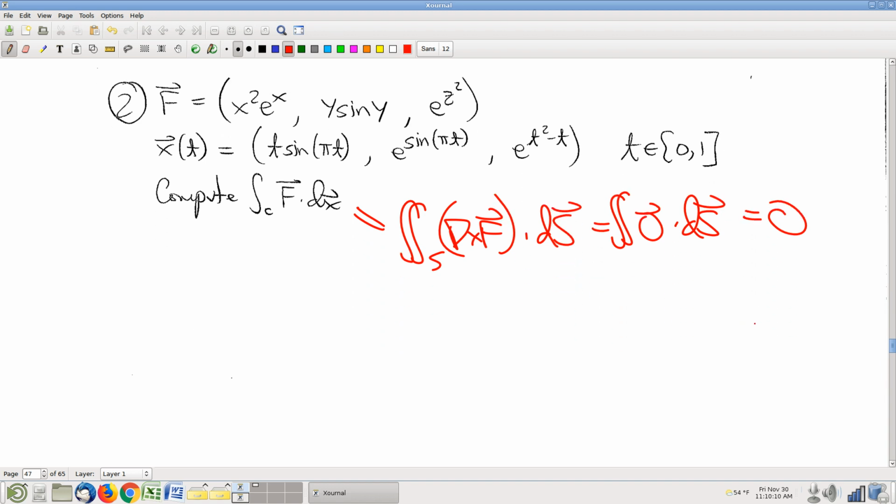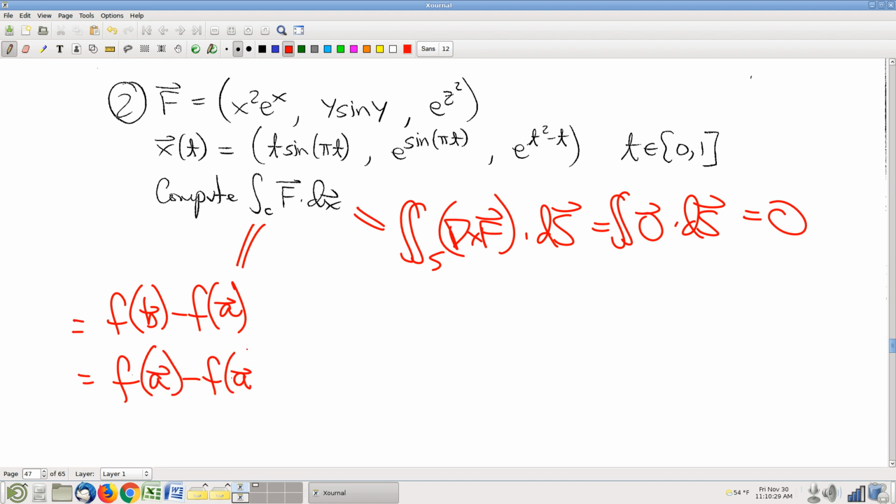Or you could say, because there is an anti-gradient, f of b minus f of a, but a and b are the same, so this is equal to f of a minus f of a, which is 0. Yeah? Everybody okay?